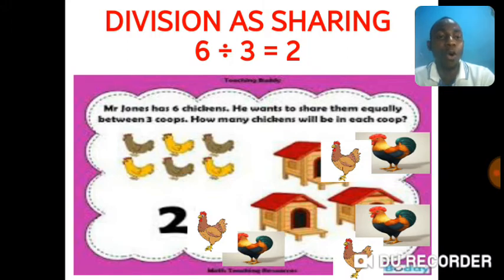And so therefore 6 divided by 3 is equal to 2, or 6 chickens divided amongst 3 coops will be 2 chickens each. Very well. Let's continue with our lesson.